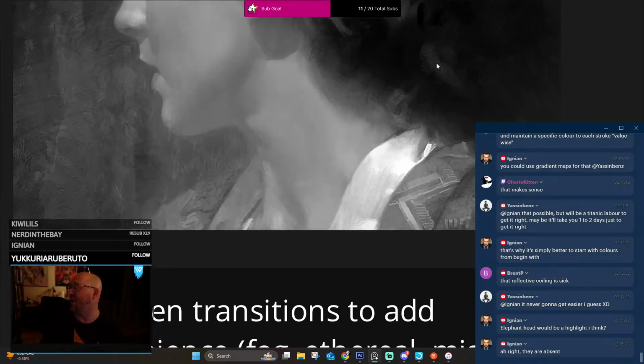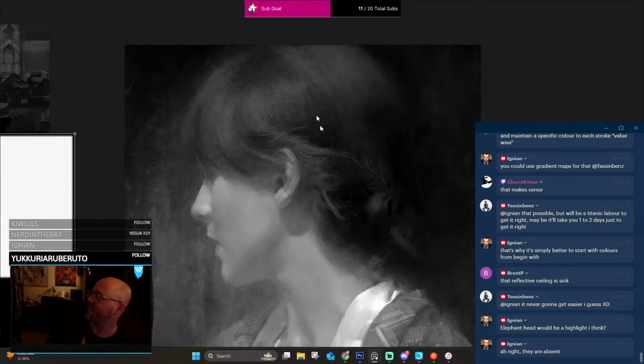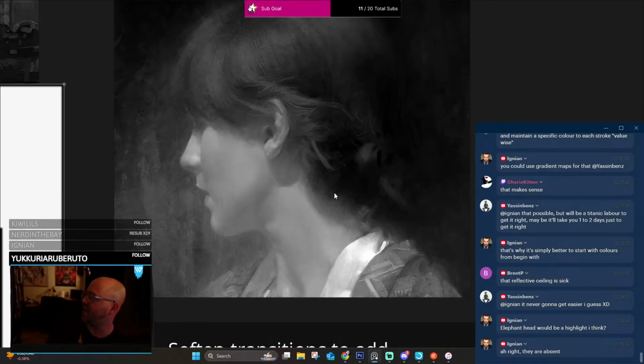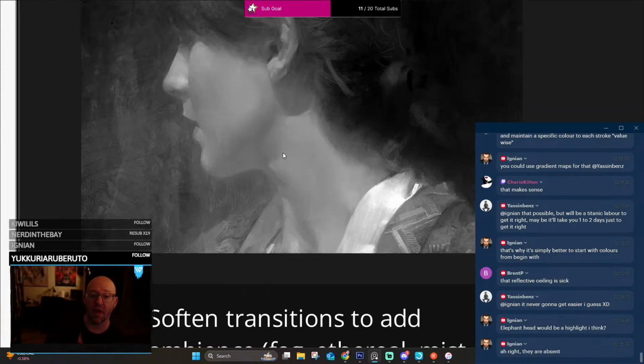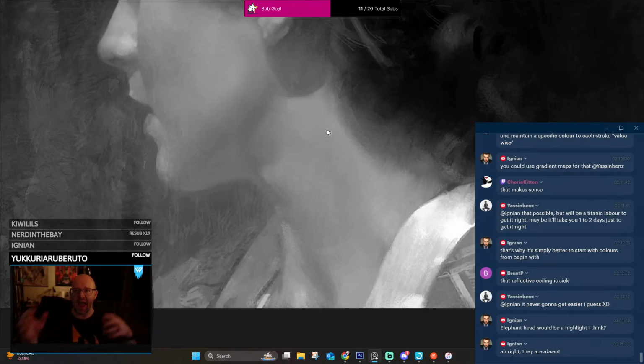Perfect example. This is a portrait, of course, by Craig Mullins. Soften transitions to add ambiance. So that whole idea of adding values to the scale, it won't happen. You're condensing. So instead of thinking that as you're blending, you're expanding your value scale, think of it the other way.